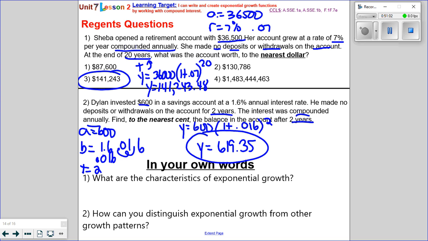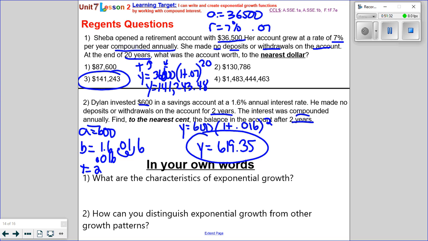So you start with 36,500. Any mistake there? 36,500 times 1 plus 0.07. That is good right there. And we have 20 as the year, and you get 141,243.48.